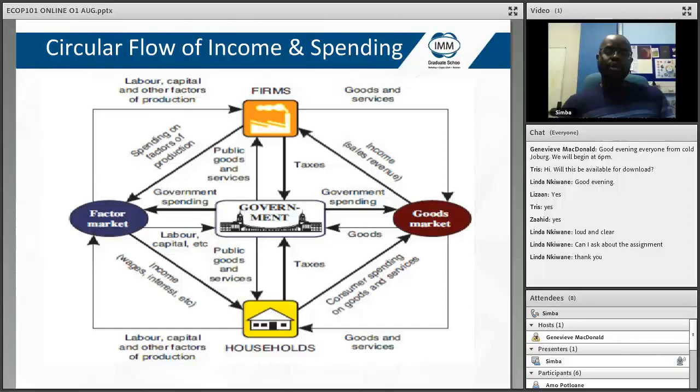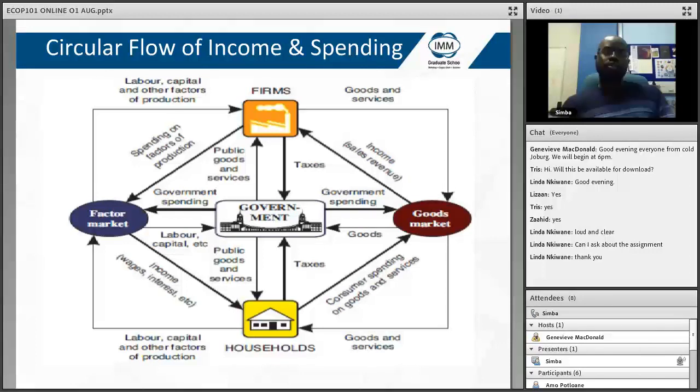Then government also spends on the factor market, and we have people that are working for the government. You can also get capital from there. Then you also have government spending on the goods and services that have been produced by the firms. So that is the three-sector model.